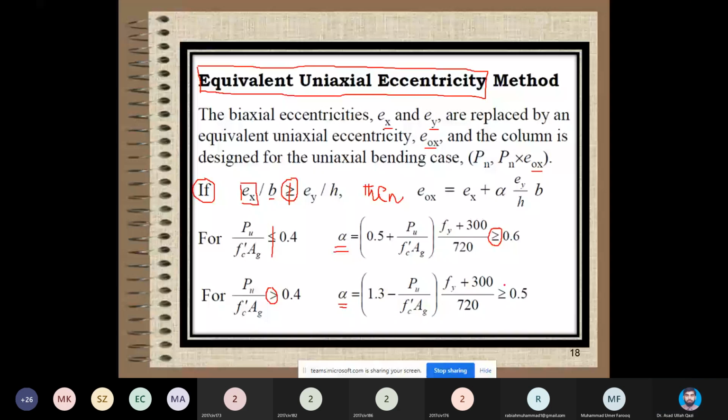So you need to calculate alpha knowing Pu and the gross area of the column and the concrete. Once alpha is decided, this exaggerated eccentricity E naught x will be calculated.